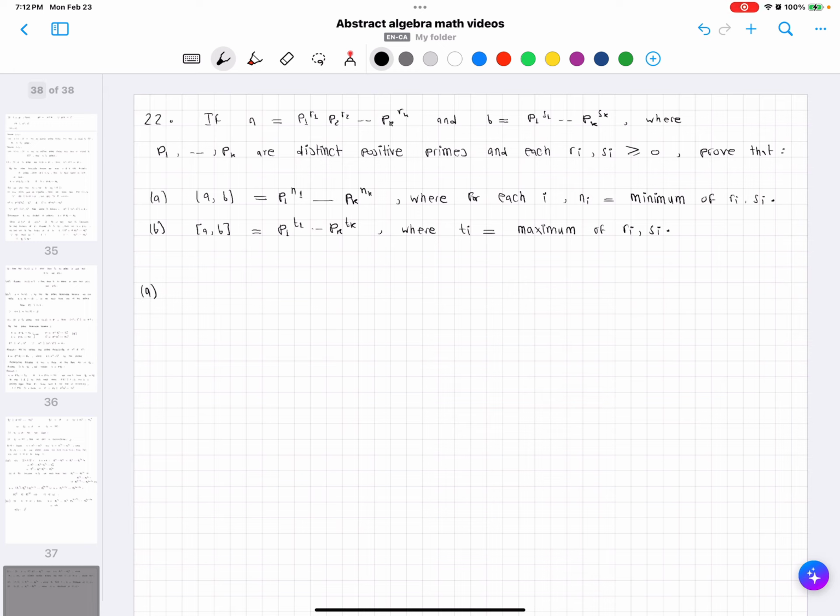So we want to prove that we can calculate the GCD and the LCM by using prime factors. The GCD is the highest common factor of two integers. So decompose the integers into products of distinct primes, and you get products of prime factors raised to powers.